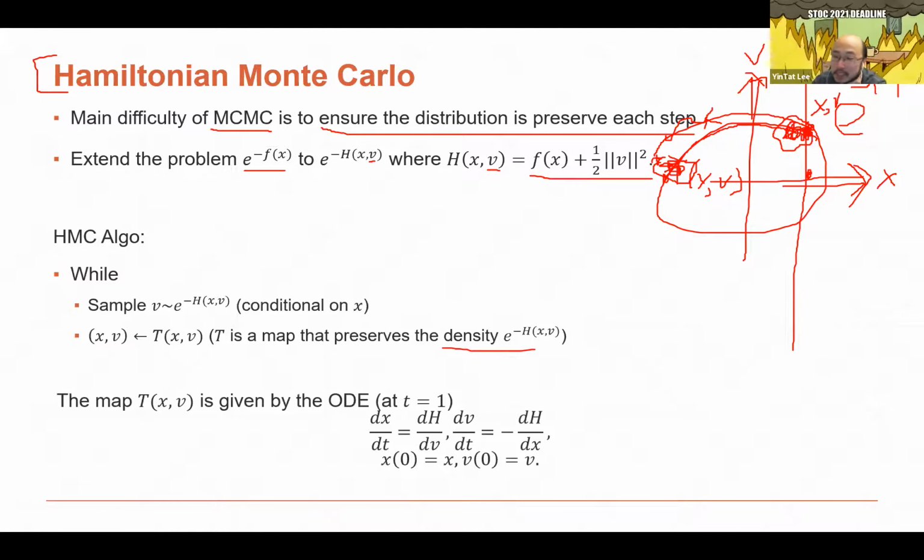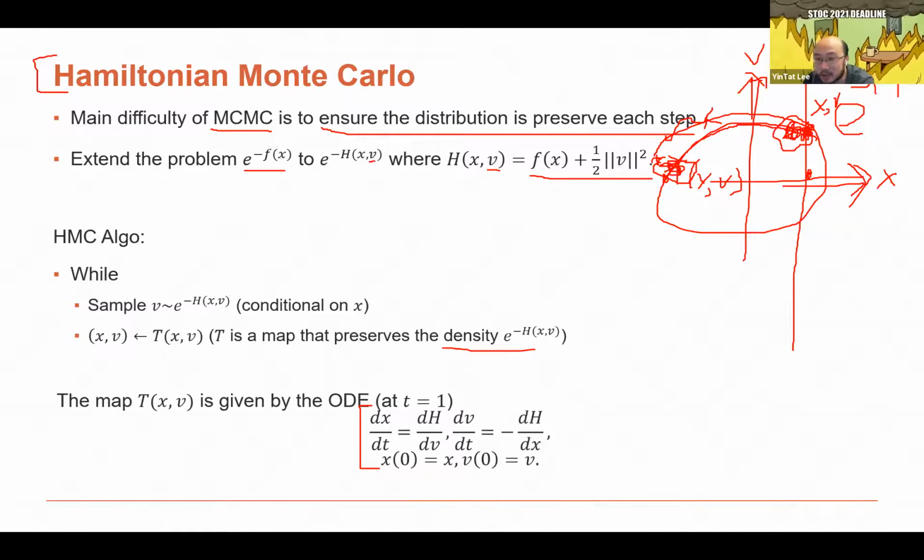And this map is defined by an ODE like this. This is the Hamiltonian dynamic. And you can prove that if you solve this ODE and move to time equal to 1, so you start at XV, you solve this ODE and then you stop at a certain time, this map will preserve the density of the distribution.